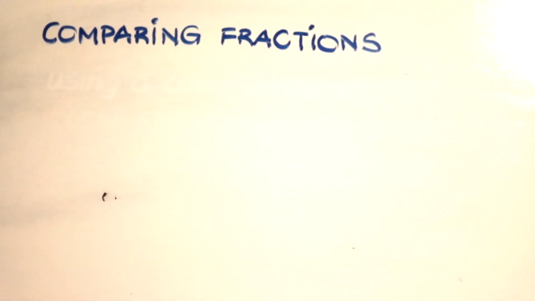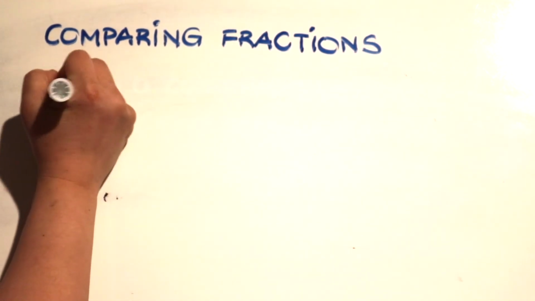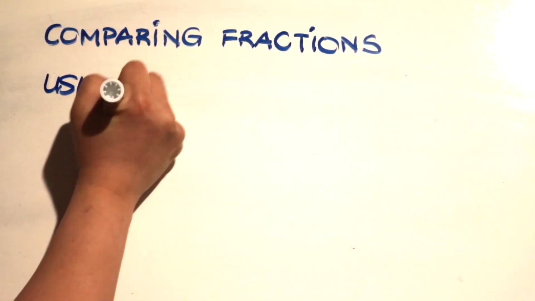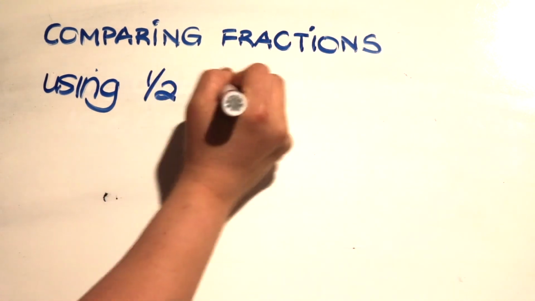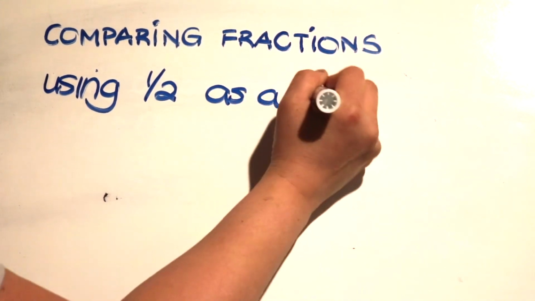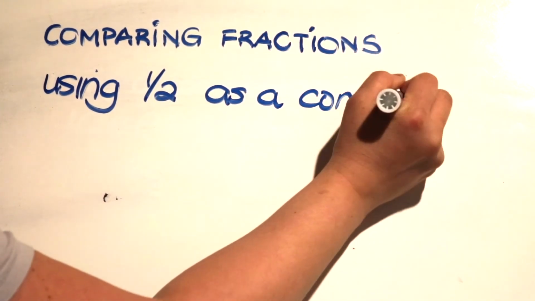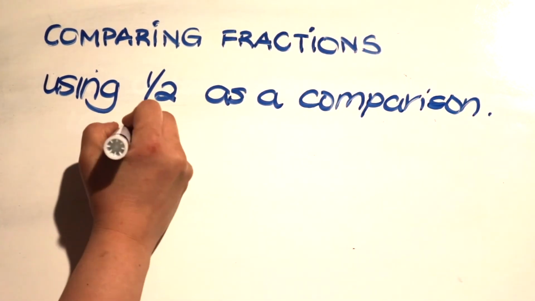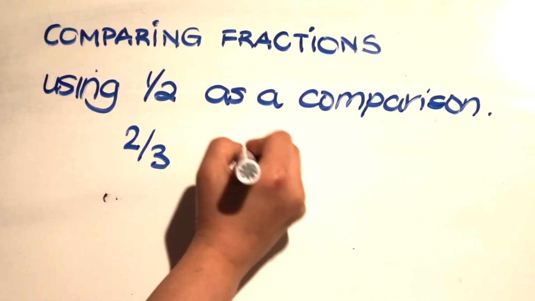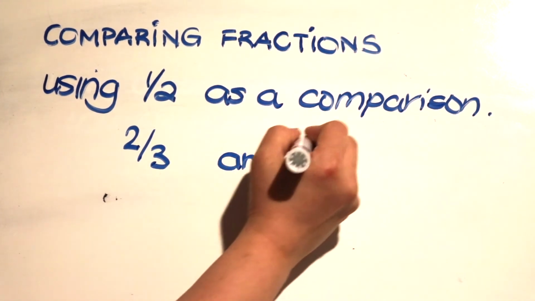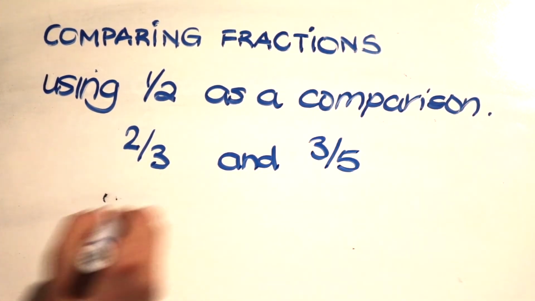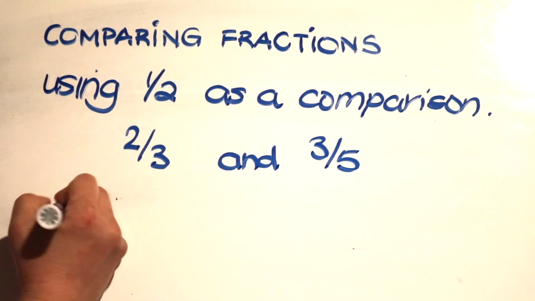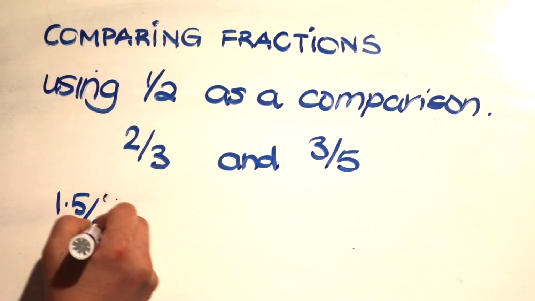Okay, and for our last method, we're going to look at comparing using 1/2 as a comparison. So our fractions, we said, were 2/3 and 3/5. So out of 3, halfway is 1.5.